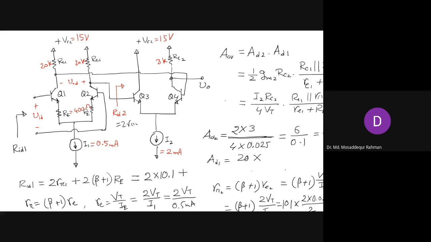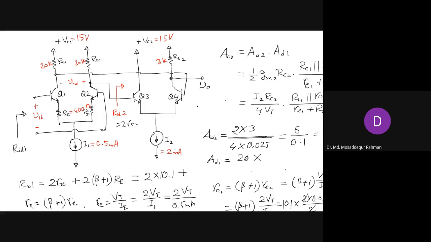So if you do the calculation, 2 and 2 cancel out, we have this times about 100, so about 2.5K. So that will be our R pi 2, about 2.5K.